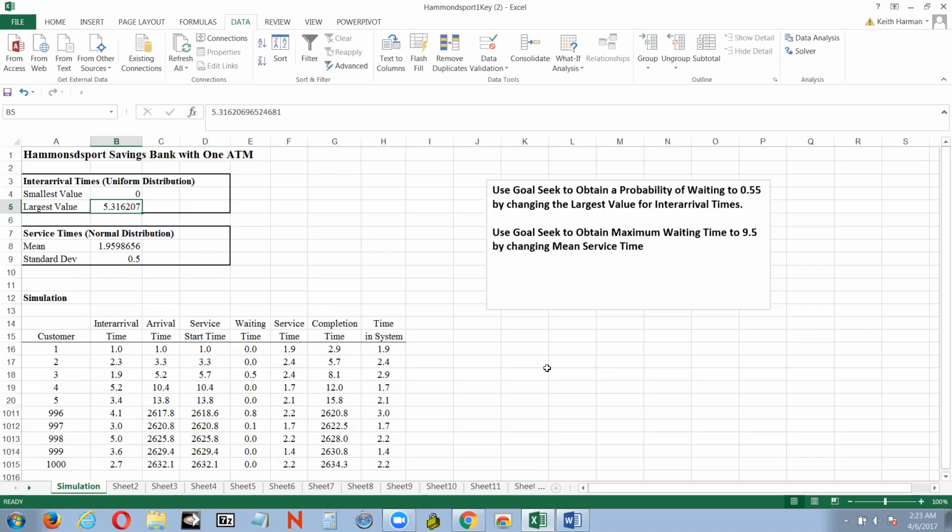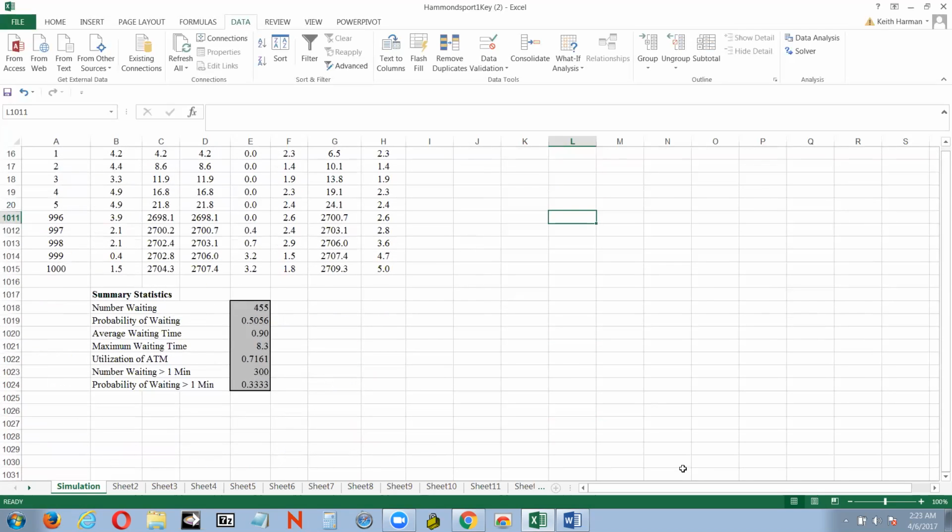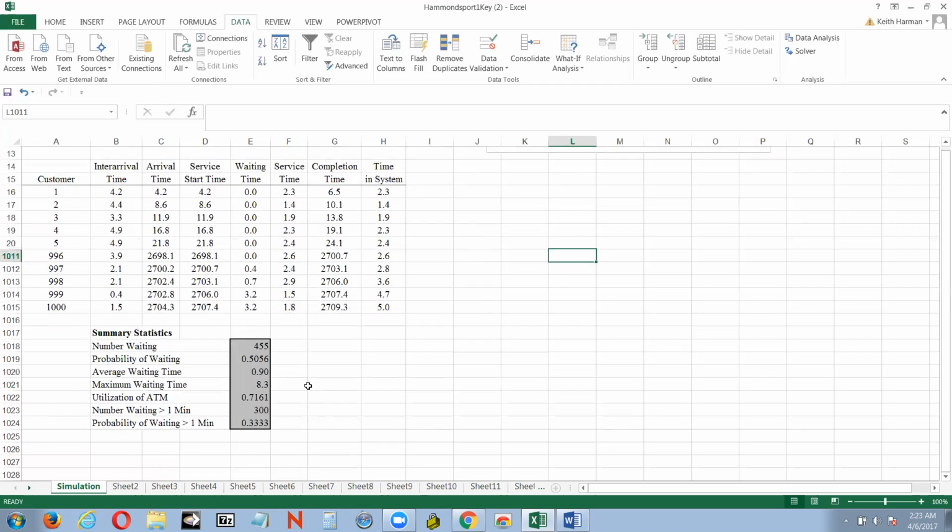And we assume a uniform distribution. The smallest value, obviously, is 0. The largest value, 5.316207 in this case. You notice as we change, the values all change, but they all still correspondingly work themselves through. In this case, I'm back to a 5.5056.